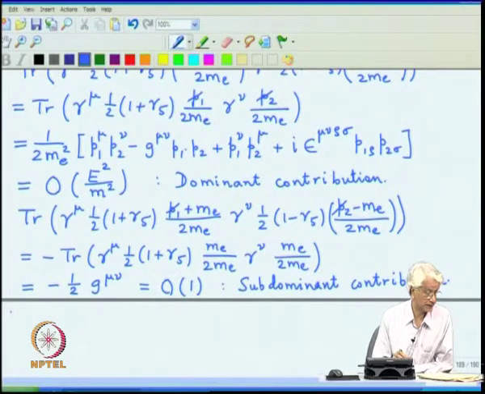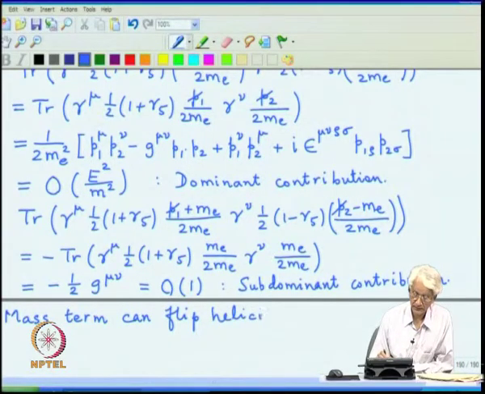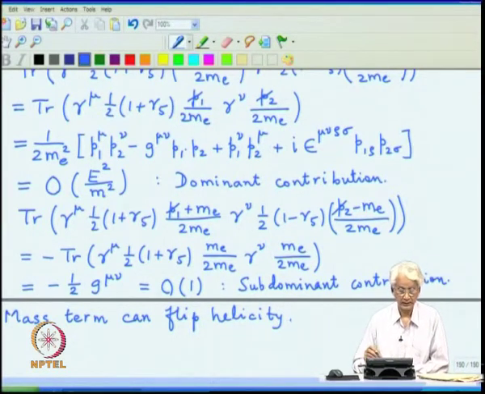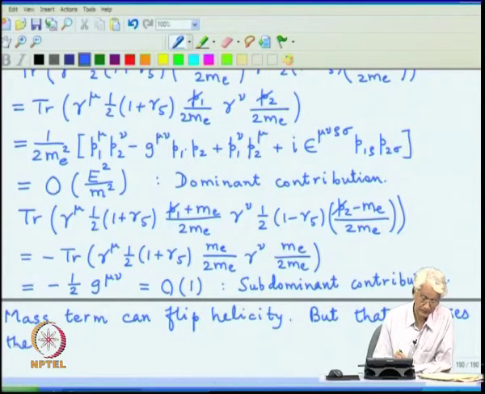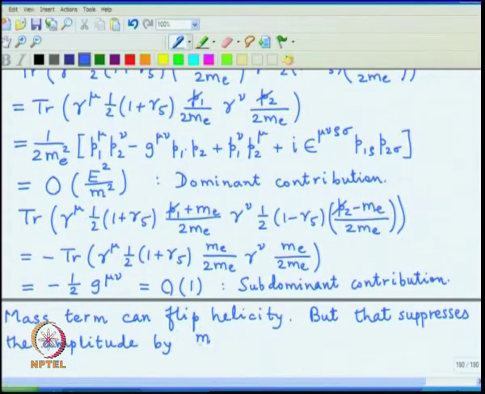So, in general the mass term can flip helicity, but that suppresses the amplitude by a factor of m over E, and the square of the amplitude, whichever is part of this trace, gets suppressed by m square over E square.